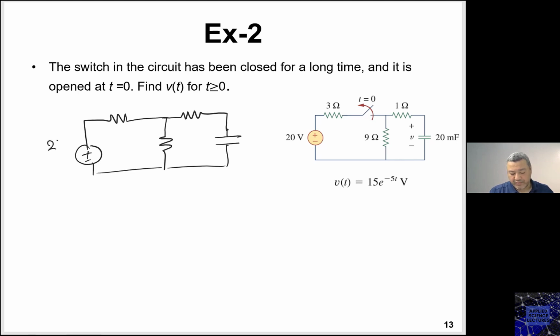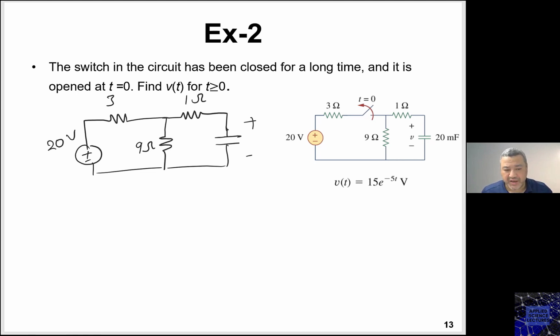Remember the DC conditions, the circuit is closed, which means it is under DC conditions. What's going to happen to the capacitor? Exactly. The capacitor is treated as an open circuit, right?